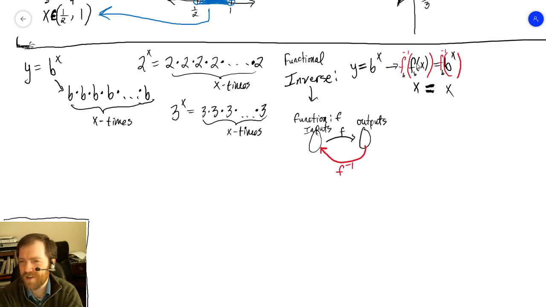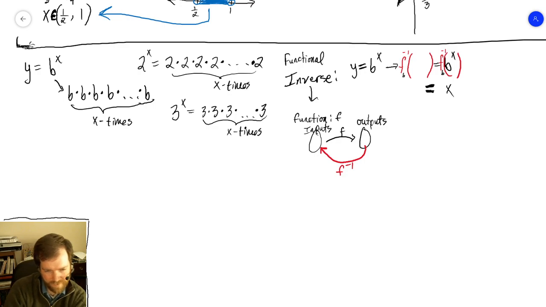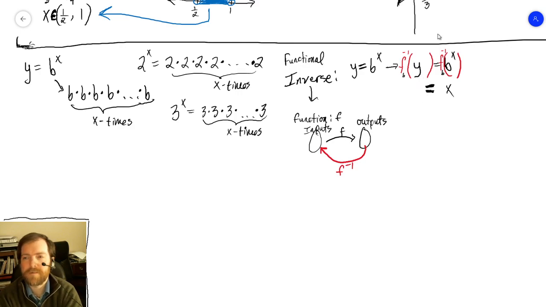Instead of doing the f of x here, let's actually keep that as y. All right, there we go. So we undo the exponential with base b, which has an x as its exponent, and whenever you take a function and then take its inverse, they undo each other and you get x back.